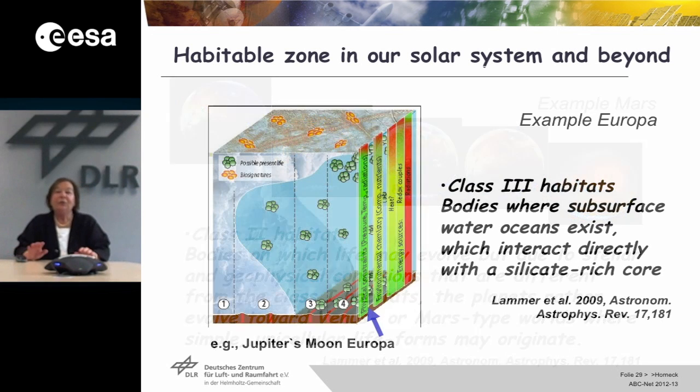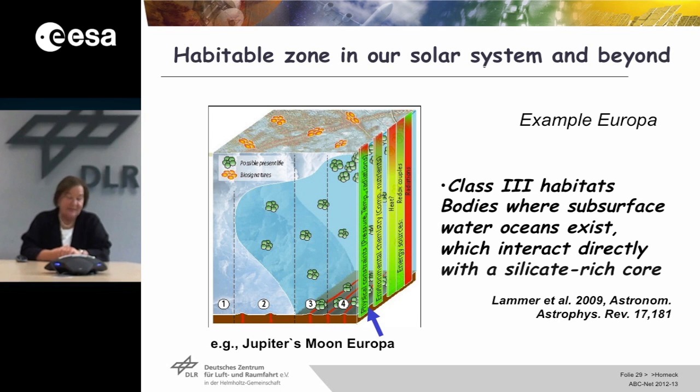The third class has an example in our solar system, Jupiter's moon Europa. Here we have liquid water under an ice cover and in connection with a lithosphere. As energy source, you can take minerals, and the carbon is probably from infalling comets and meteorites and so on.